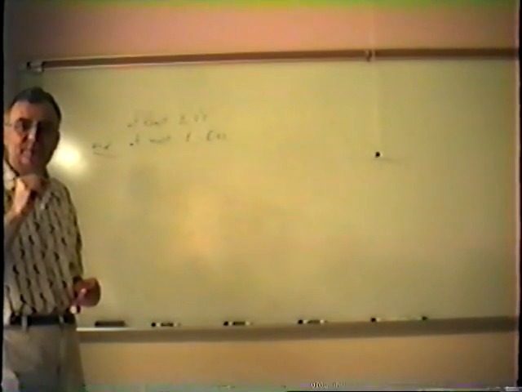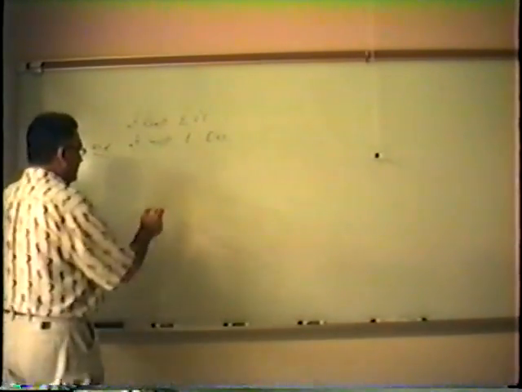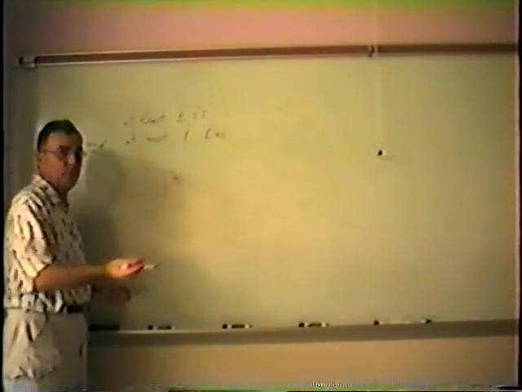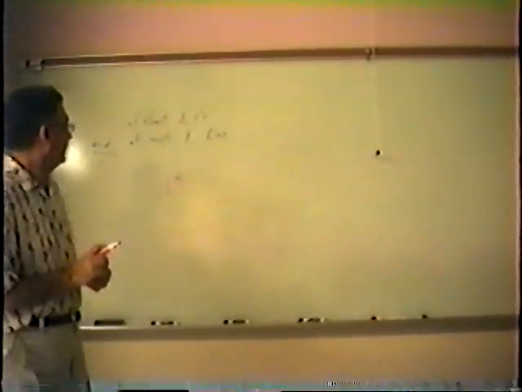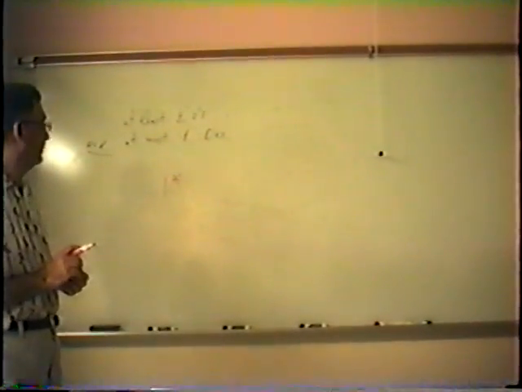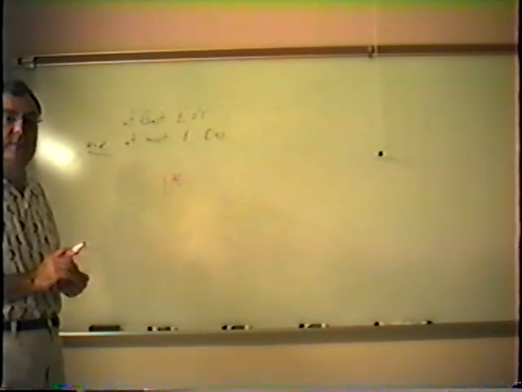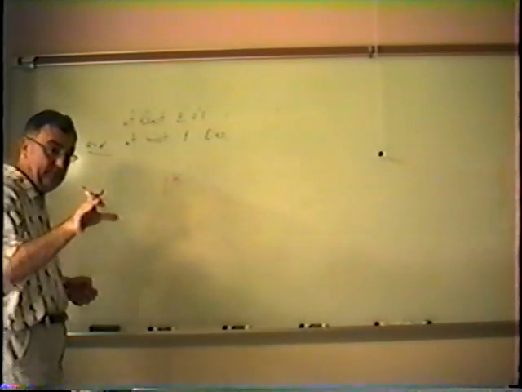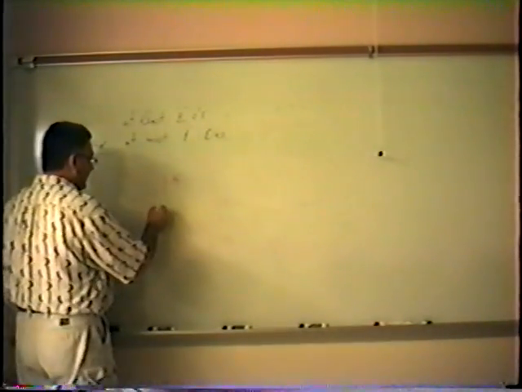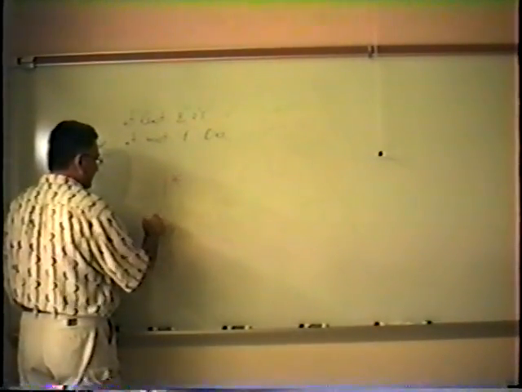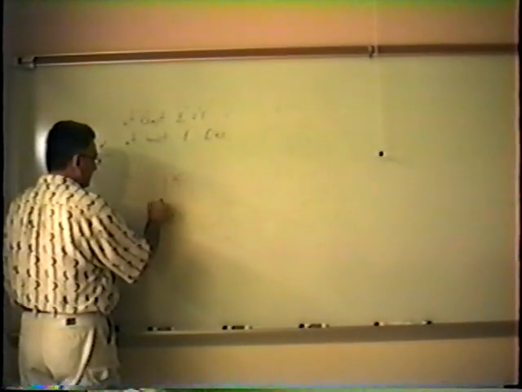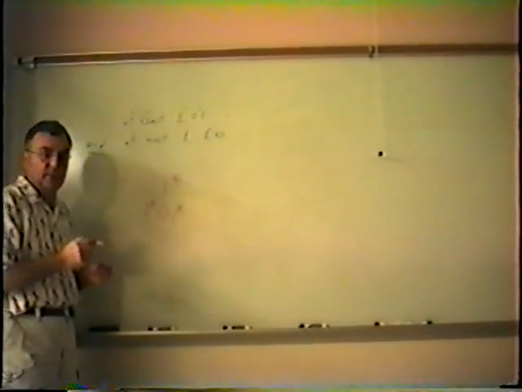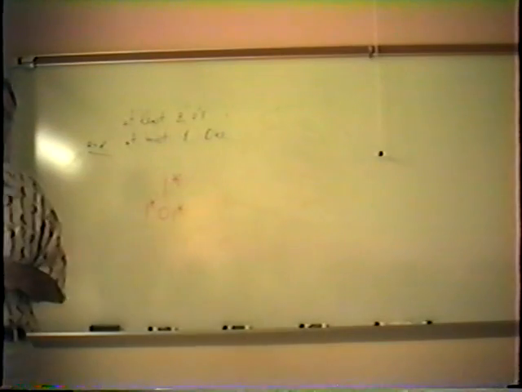If he has no zeros, he's not in there. So 1 star, all ones is not in there. Right. Okay. If he has 1 zero, he's not in there. Right? Okay, 1 0. Like that.